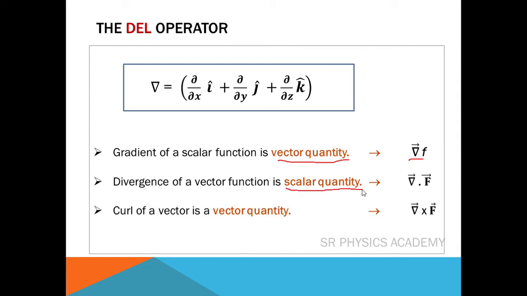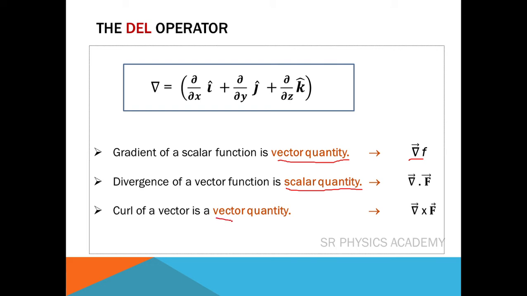Next one is curl. The curl is what you get when you take the cross product of del with the vector field. The resultant of the curl is a vector field or vector quantity. So the curl operation turns a vector field into another vector field.